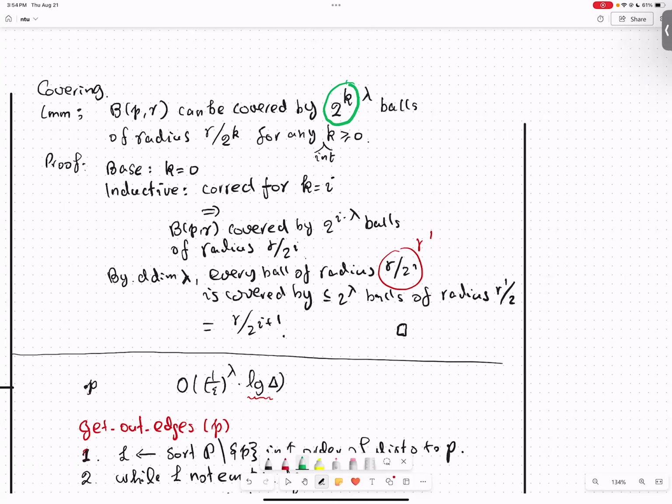Let's call that t, and now this denominator is basically t. You can think about t as some power of 2. So now this is saying if you've got a power of 2, then this power of 2 to the power of lambda is the number of balls, but then the radius will be r over this power of 2. That's the relationship.